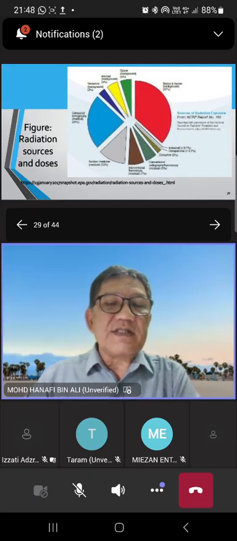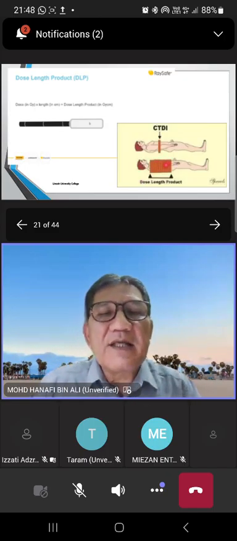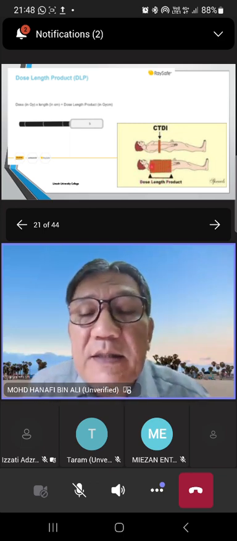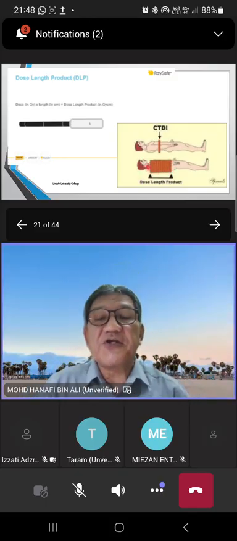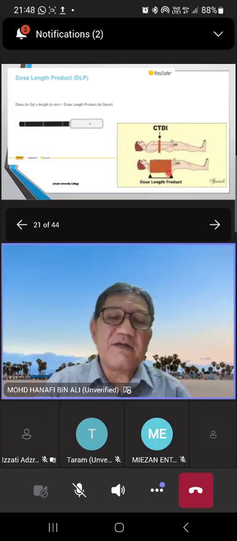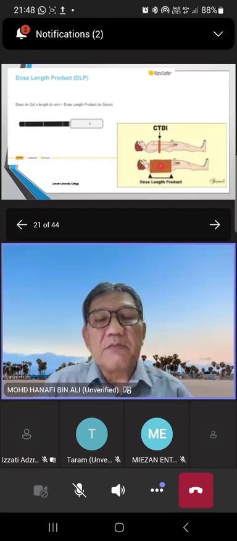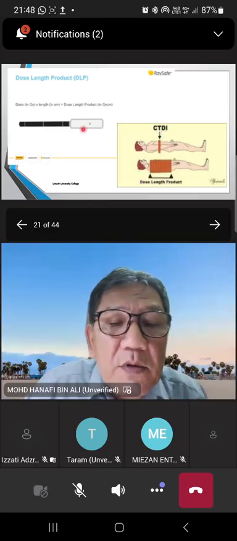This is a figure of radiation sources and doses. I can see it is very small there, but the red one is background radiation, radon, the environment. Blue is computer tomography. First is environmental radiation, cosmic, radon, and then we have CT scan.